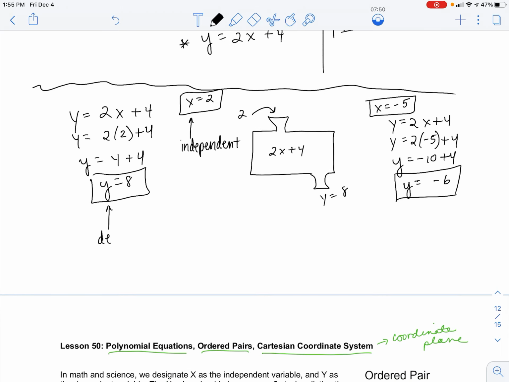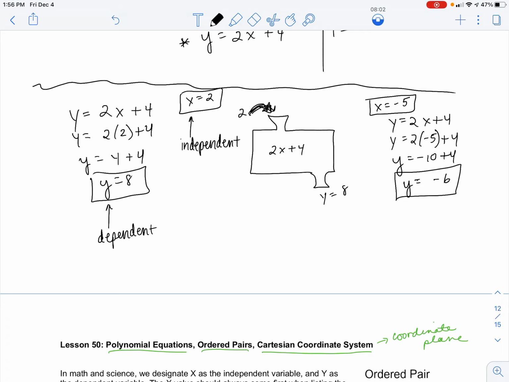So y is your dependent variable. And actually, the function machine kind of helps you to see that. I can throw anything in for x, but y is calculated based upon what you put in for x. So y waits to see what x is going to be, and then y knows what it's going to be. So y depends on x. But x is an independent variable, whereas y is a dependent variable.